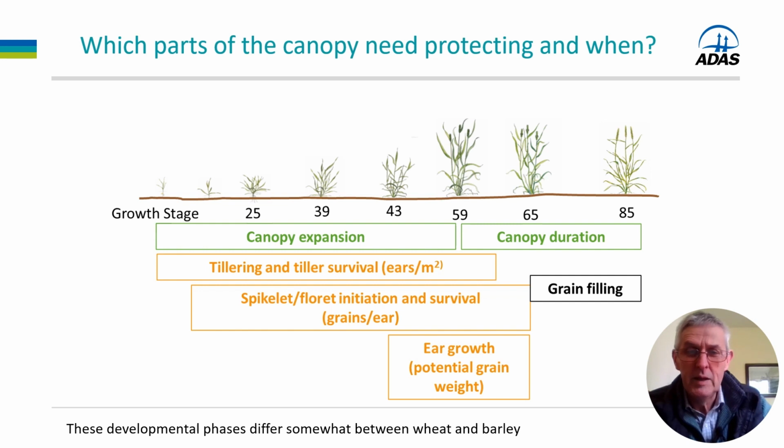And in wheat, principally focusing on protecting canopy duration and the source capacity for storing carbohydrate in the grain during grain filling. So the leaves that we're going to try to protect are quite different in barley and wheat, but the principles we're going to use to protect them are the same.